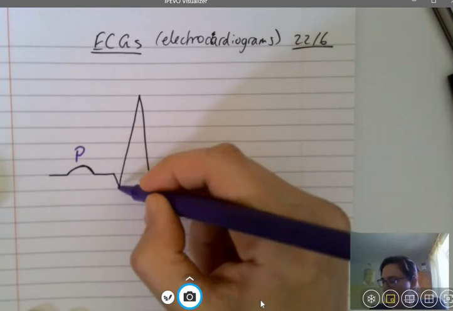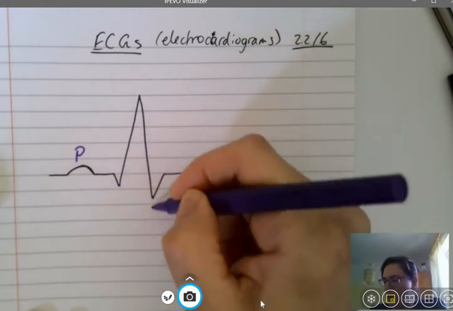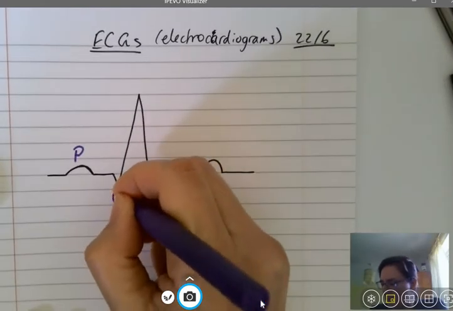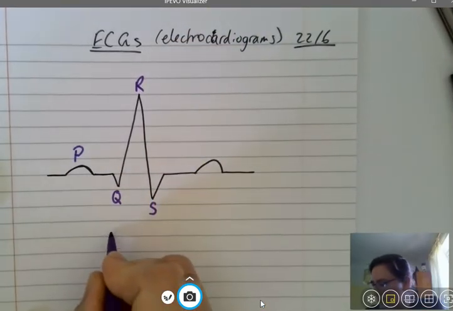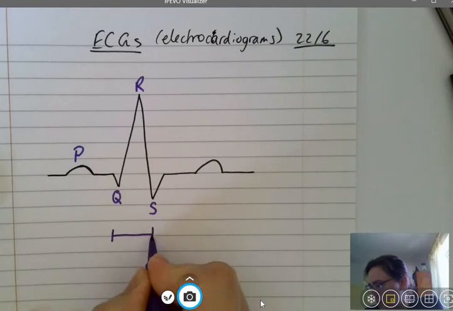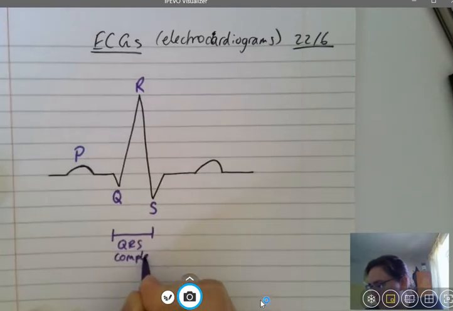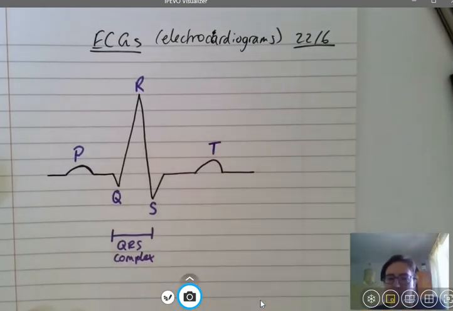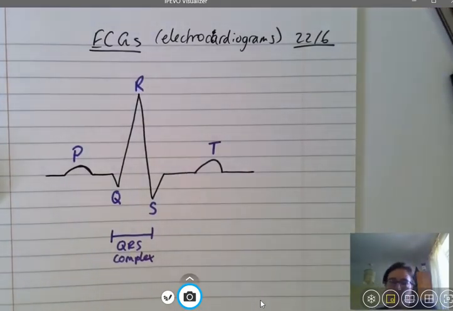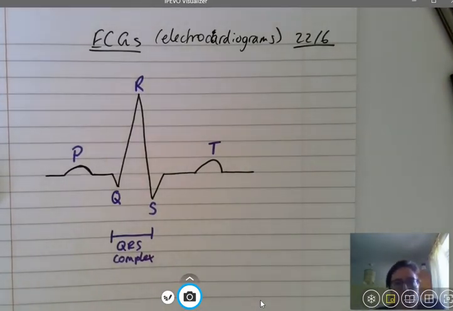We then have this bigger change in the middle here, which we call the QRS complex. So we can call that whole section the QRS complex. And then we finish off with this little bump at the end, which is the T wave. And each of these bits relates to a different part of the activity of the heart.